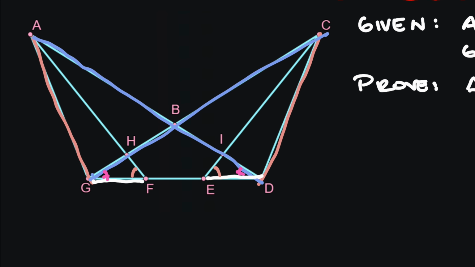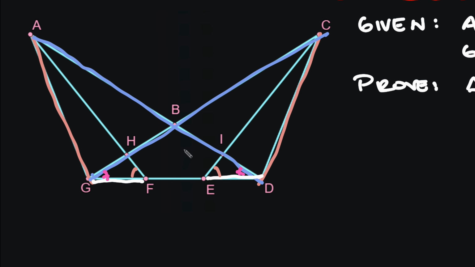So maybe if we prove that the two big triangles are congruent, we can guarantee that the two corresponding angles are congruent. They have the same measurement. The same goes with this little angle. We notice that this little angle belongs also to this big triangle, the triangle GCD, right? And the same corresponding angle on the other side, the angle D, belongs to this big triangle, right?